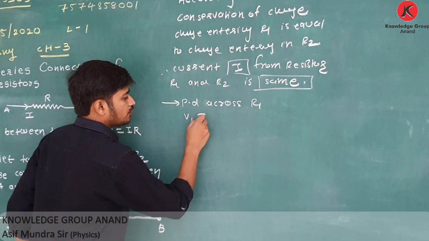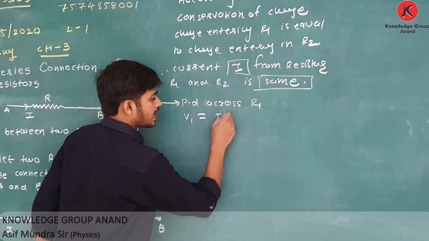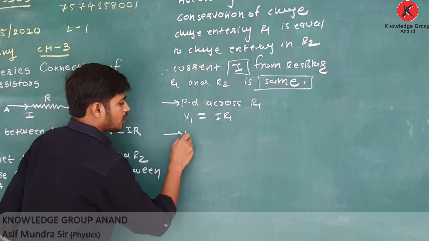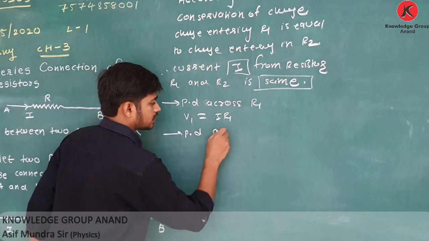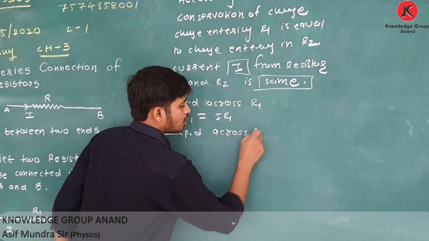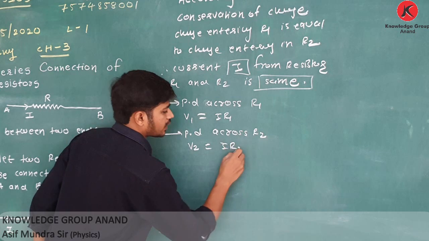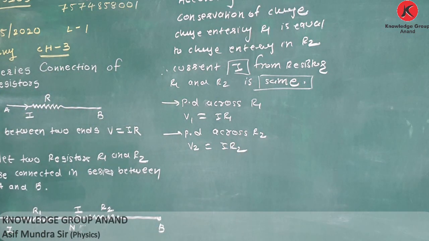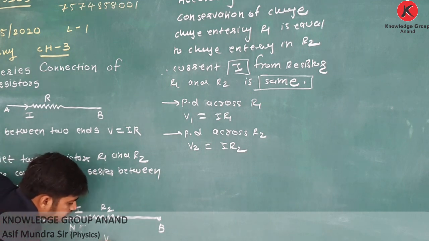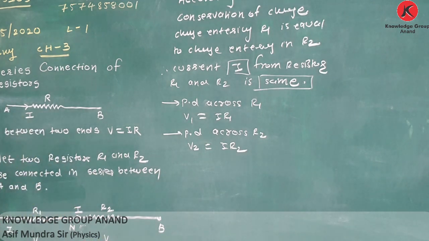I can write V1 is equal to IR1. Similarly, potential difference across R2, V2 is equal to IR2. Clear about this? Potential difference across R1 is V1, across R2 is V2. Between point A and N, potential difference is V1. Between point N and B, potential difference is V2.